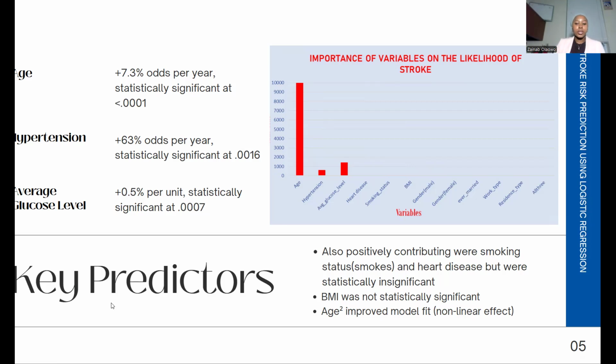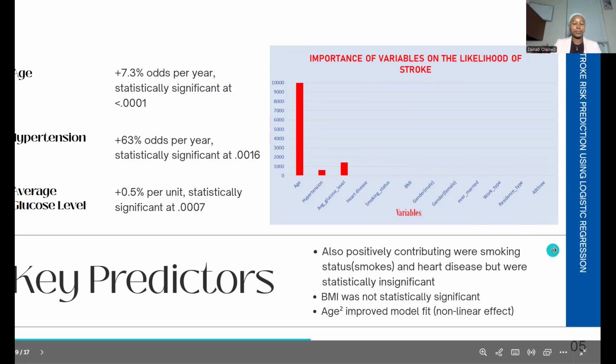Smoking status and heart disease also contributed positively, but they were not very significant in this regression. BMI was not statistically significant at all. Age squared was a non-linear term, and it just improved our model fit. Once you go past a certain age, it didn't matter anymore.